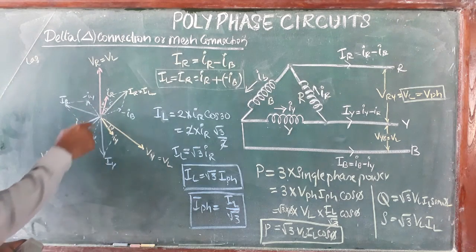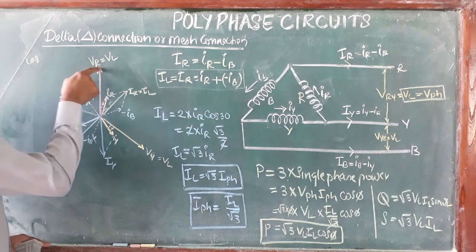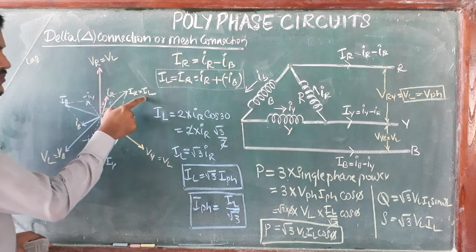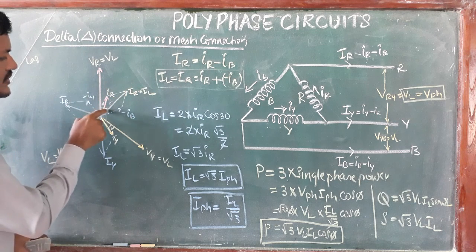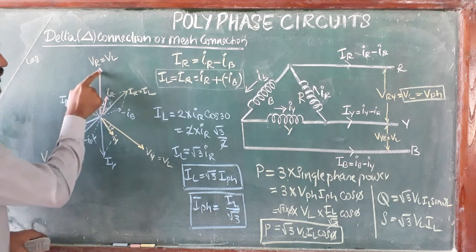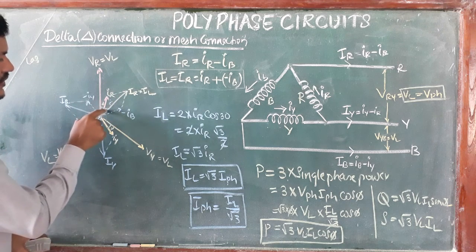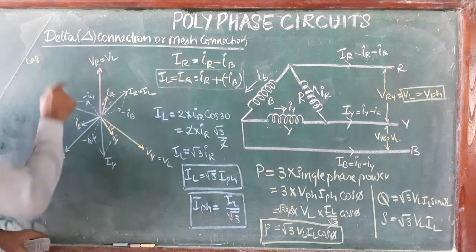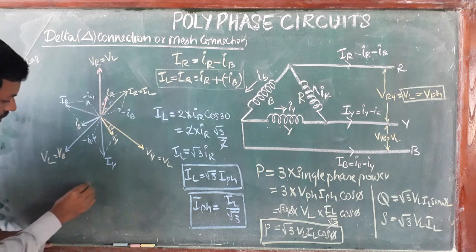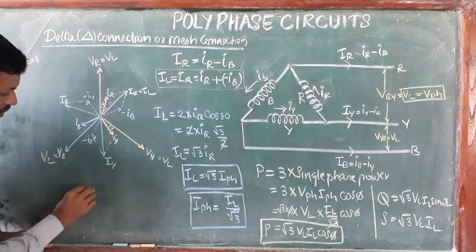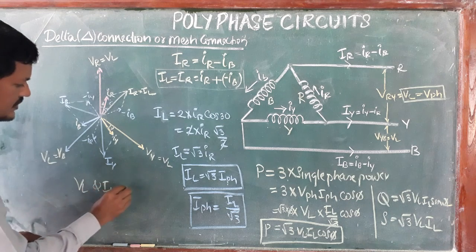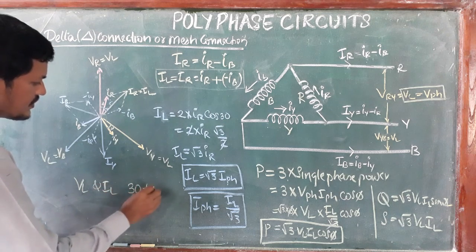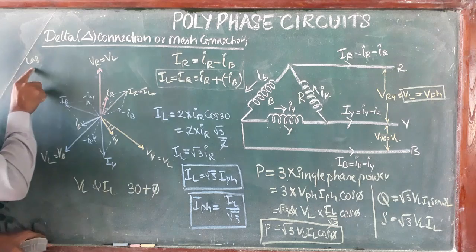Now what is the angle between line voltage and line current? Here we can say line voltage is this one, line current is here: 30 plus phi in the lagging condition. The angle between VL and IL is 30 plus phi in the lagging condition.